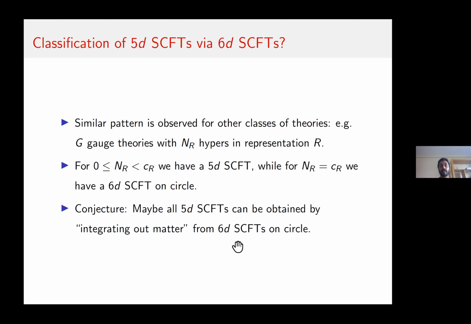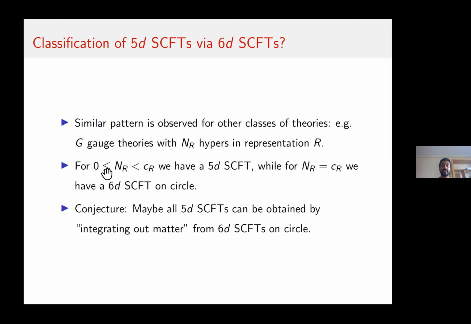Now such a similar pattern is observed for many other classes of 5-dimensional gauge theories. For example, you can consider gauge theories with some gauge group G, with some hypermultiplets in some representation R of G, and some number N_R of them.